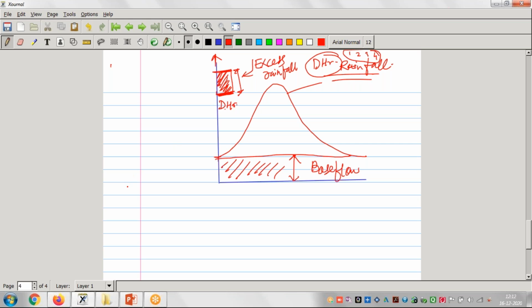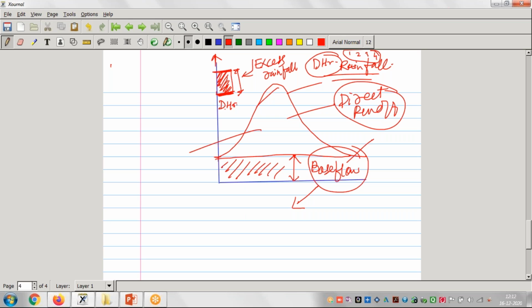Now base flow is clear to you, and this hydrograph is because of direct runoff. So this direct runoff and base flow are playing an important role in making this hydrograph.